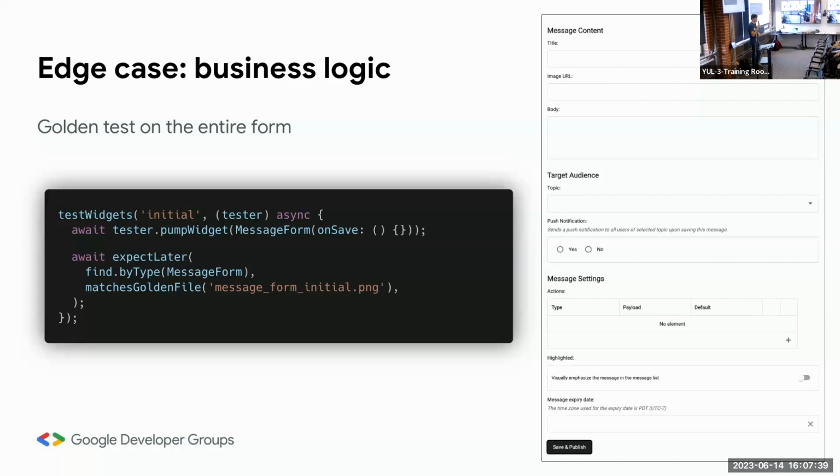So you would recommend using this more for specific custom widgets instead of the whole page? The simpler, the better. Yes. The scope of what you test defines whether you are doing more of a unit test or more of an integration test.